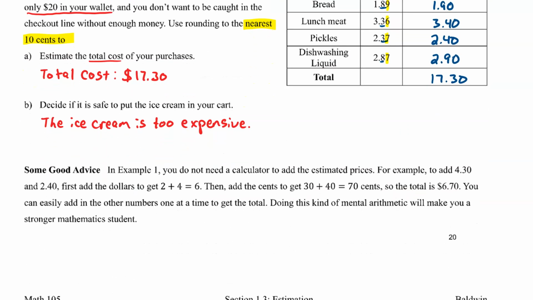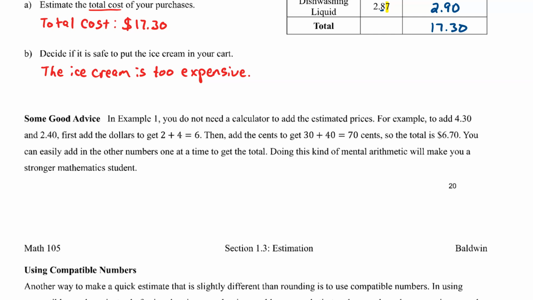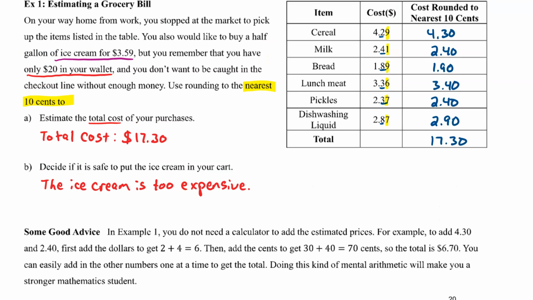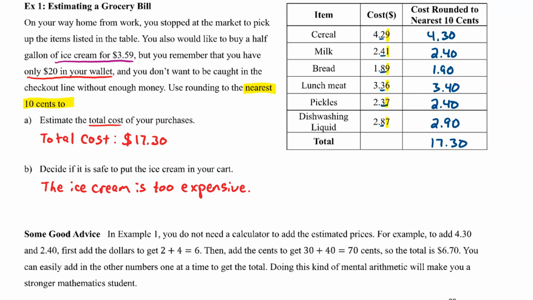And so down below, they give us some good advice that reminds us that we don't necessarily need a calculator to add those estimated prices. We can look at combining them 2 items at a time and then continuing to just add on the next item to that previous total until we get to the $17.30.